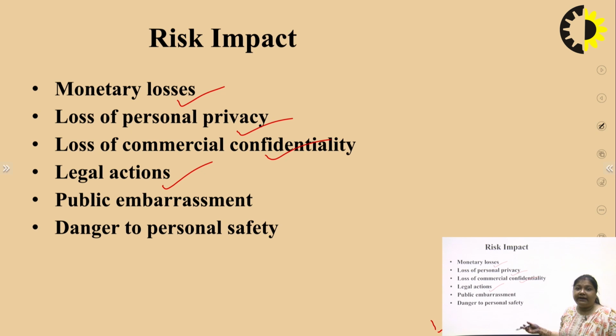If our personal data is publicly displayed on some websites, then it is public embarrassment also. There can also be danger to personal safety. If we are posting regularly on social media platforms, then some hackers can track that data on a regular basis, and it can endanger our personal safety also.